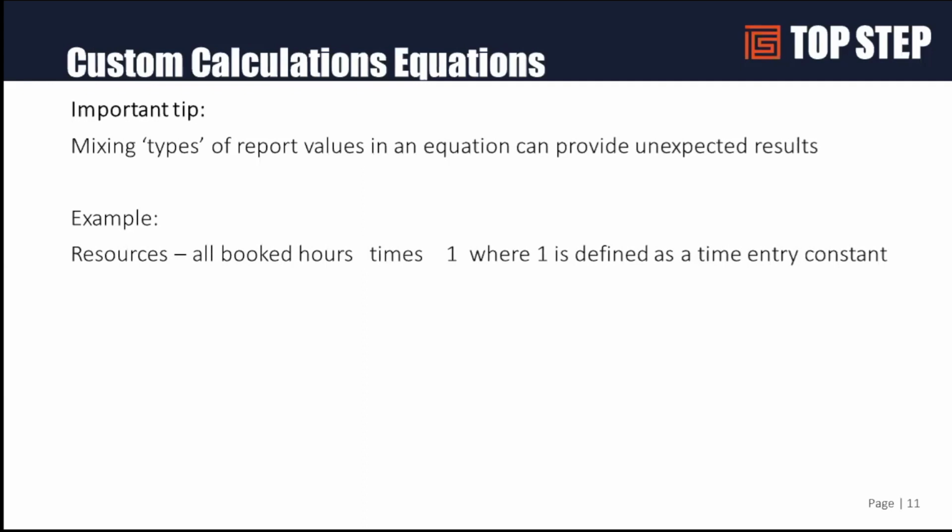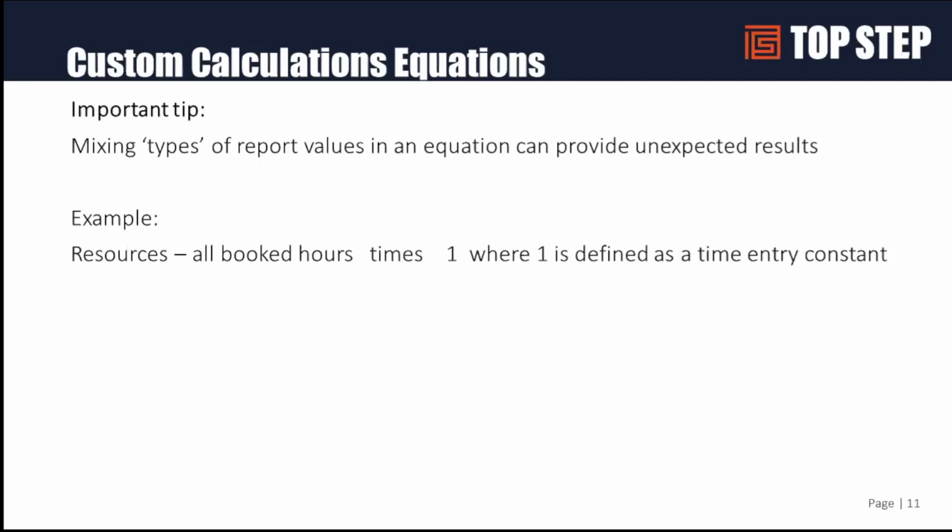I work with a lot of customers. You use bookings, or you may have renamed them like allocations or schedulings or resource assignments or something. But underneath the covers, it's still like booked hours. And what you'll want to do is create a reporting value that breaks up the bookings by maybe booking type or some other custom field that you have on the booking. So in order to do that, you have to have the equation.